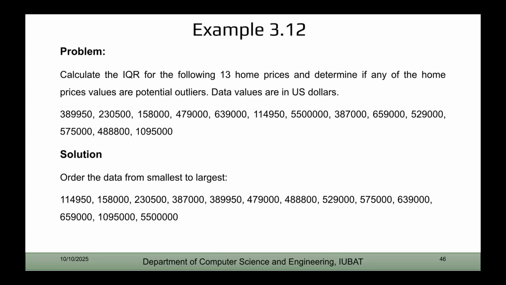The data values are in US dollars, so these 13 values represent home prices.